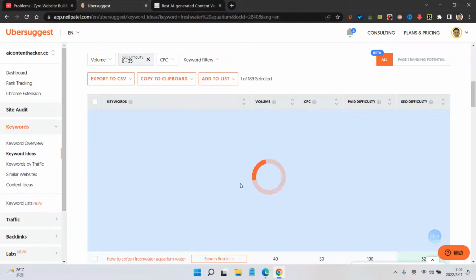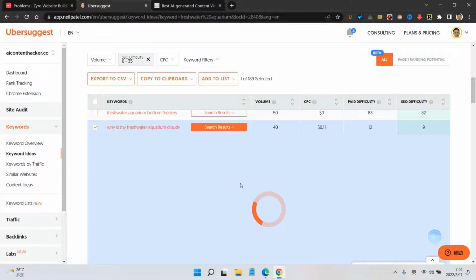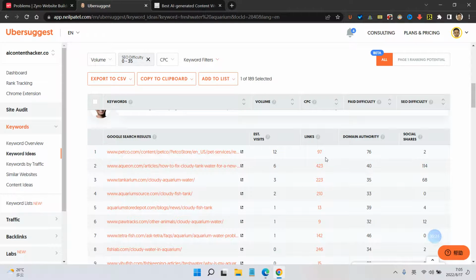We can see who is ranking for these keywords. Peckle.com is a very big company, so they have like 12 estimated visitors each month, right? Let's say each month they have 12 people visiting their pages.